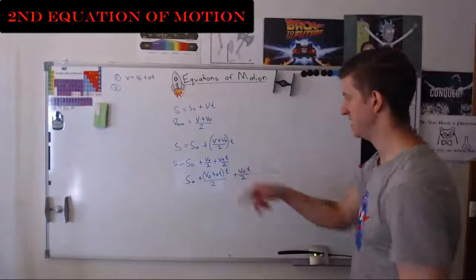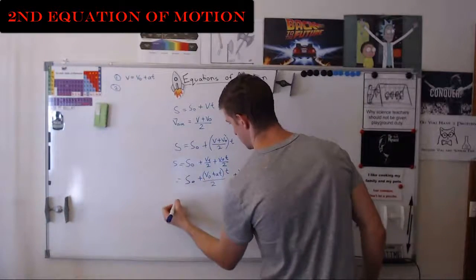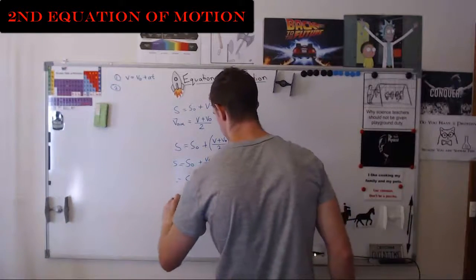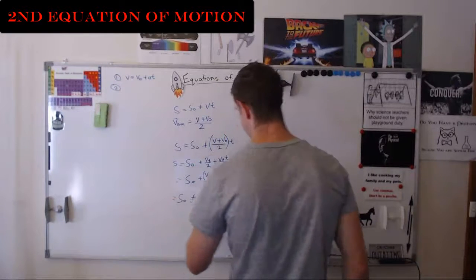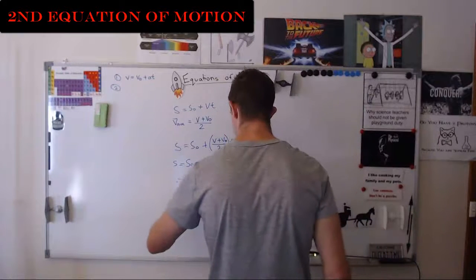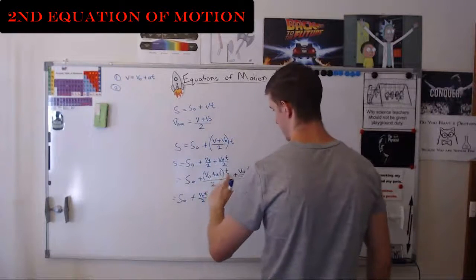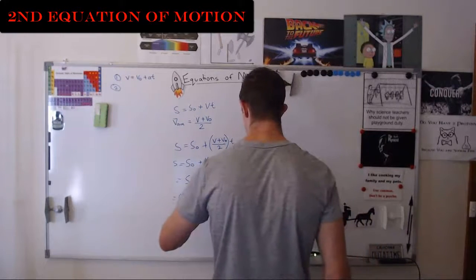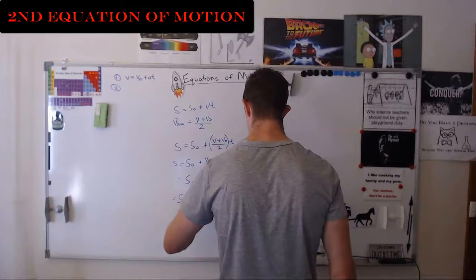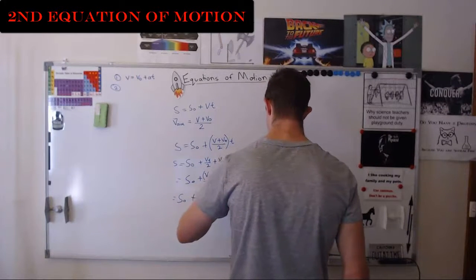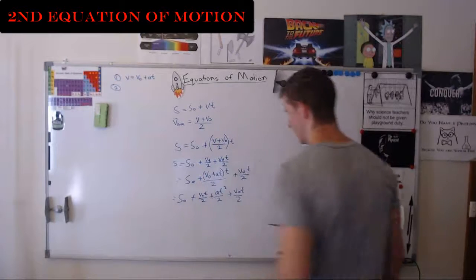So if I expand this out, the next line becomes my S naught still, plus I get a V naught T over 2, plus now I'm going to have an AT squared over 2, and I've got my V naught T over 2 from before.